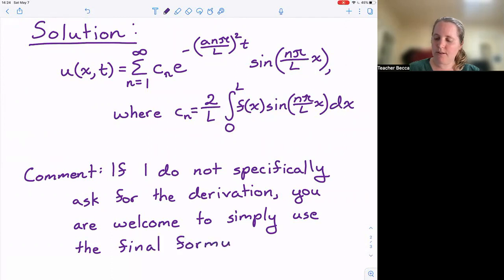So, as mentioned, in the next video, we will do just that and take an example heat conduction in a rod problem.